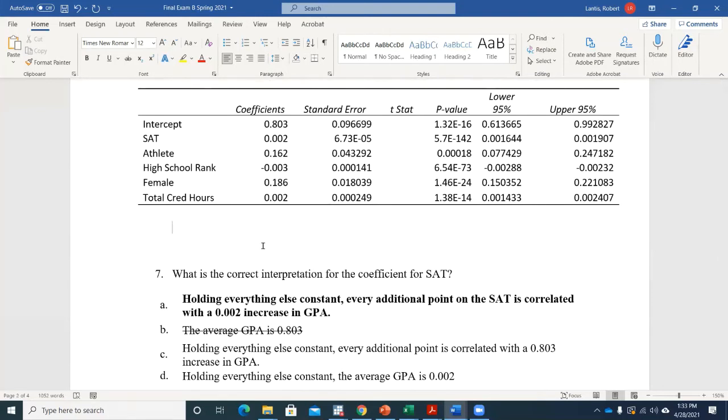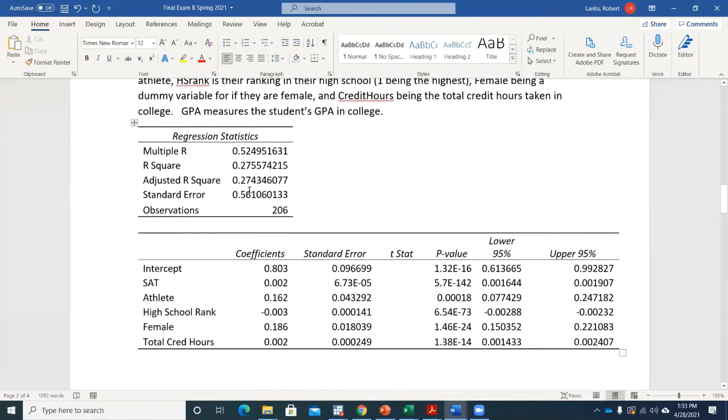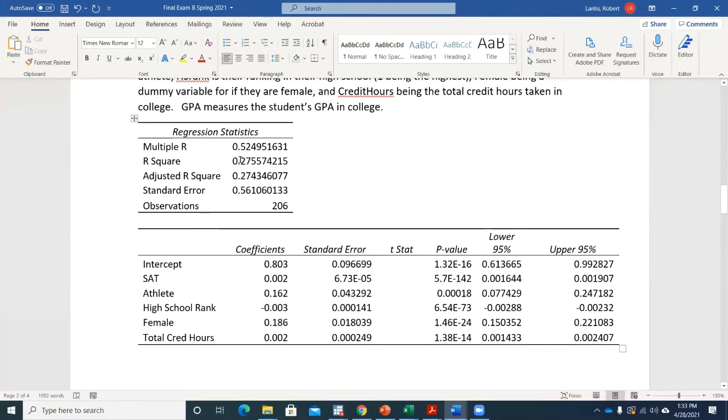So let's say one thing we'll just get out of the way that you might be asked to interpret, slightly different questions, is, let's say I asked you, what proportion of the variation in GPA do your X variables explain?